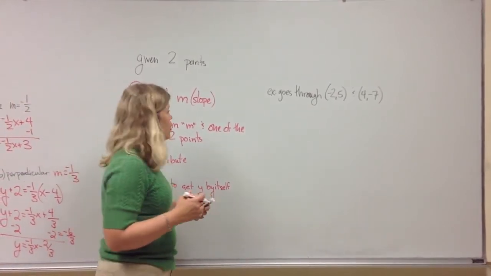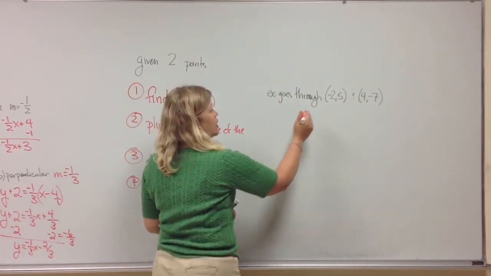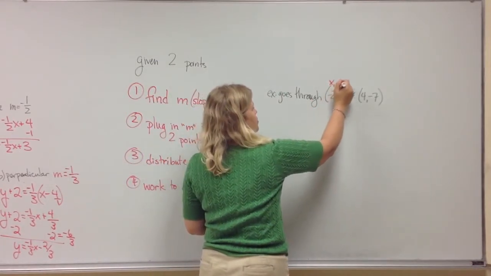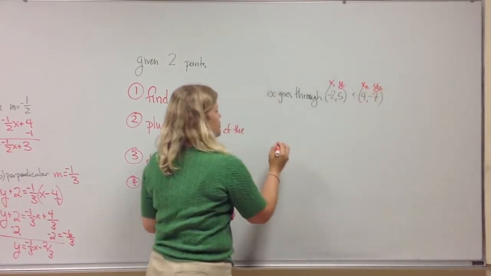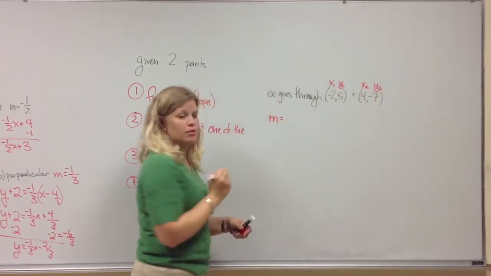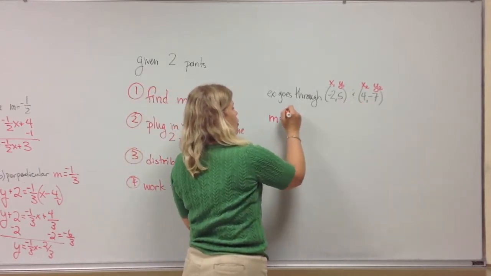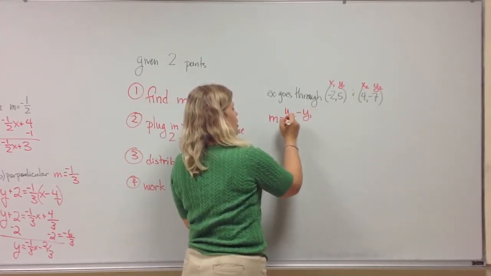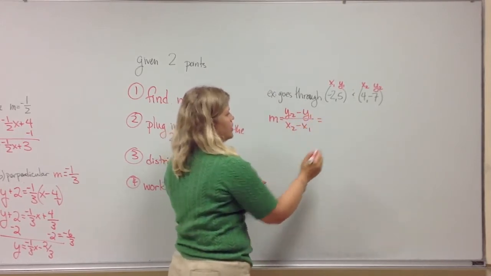So, first thing that we have to do, we've got 2 points, we need to find the slope. So I'm going to label these x1, y1, x2, y2. Hopefully we can remember this formula for slope. We need to take y2 minus y1 over x2 minus x1. Let's see, what is y2?